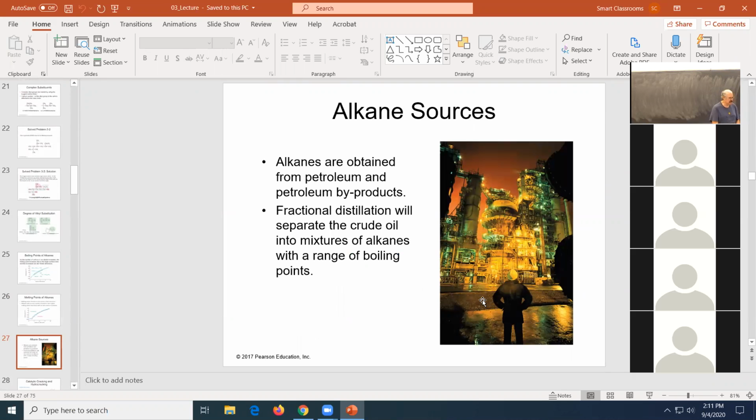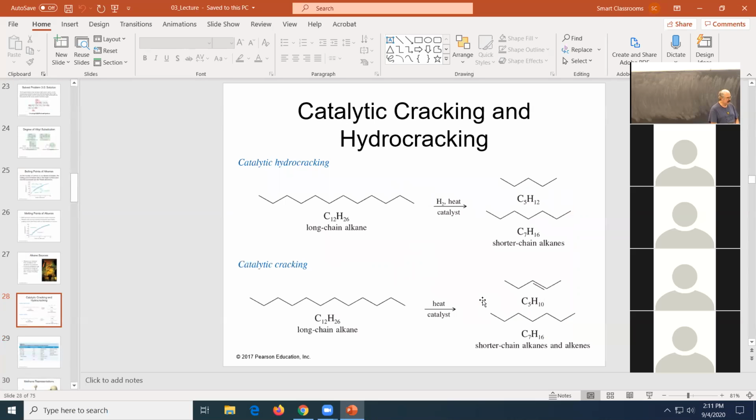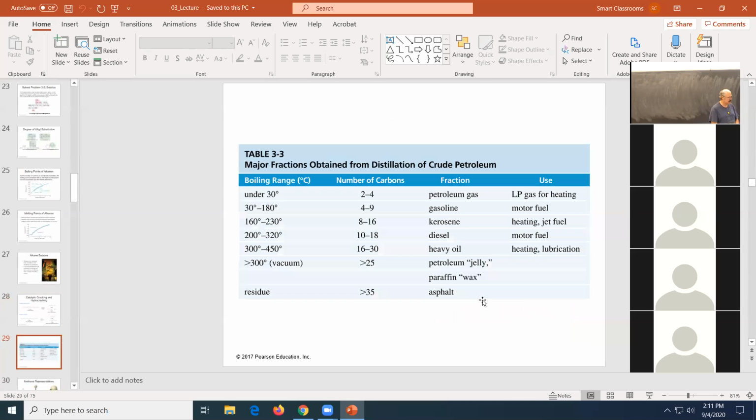We talked about petroleum refining last time. The different components of petroleum, the fractions, are separated by fractional distillation. Cracking is an important process in producing more gasoline. Okay, here are the important fractions in petroleum.